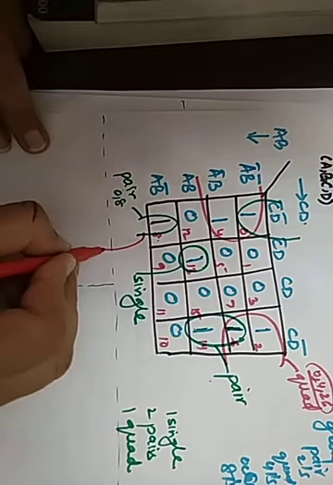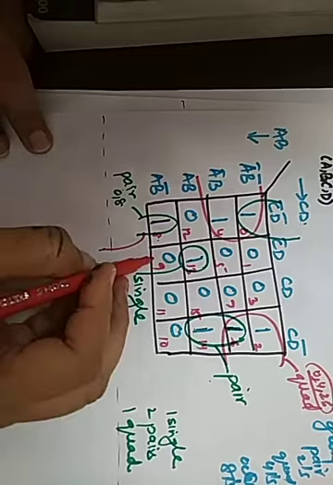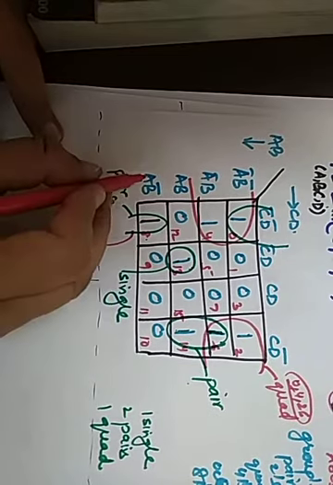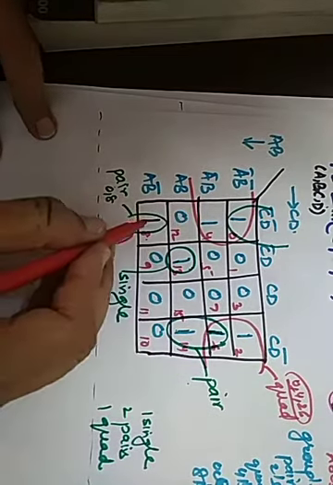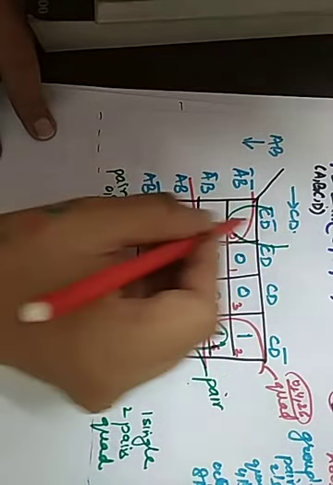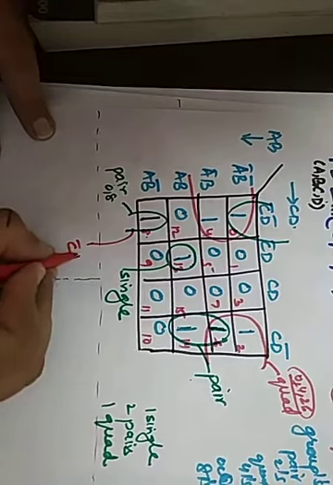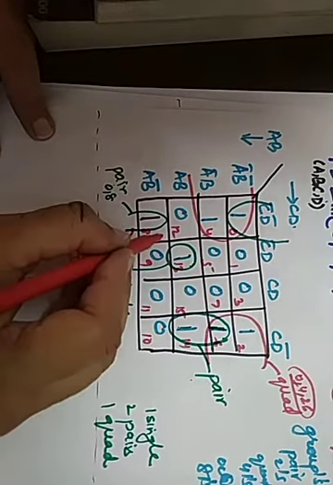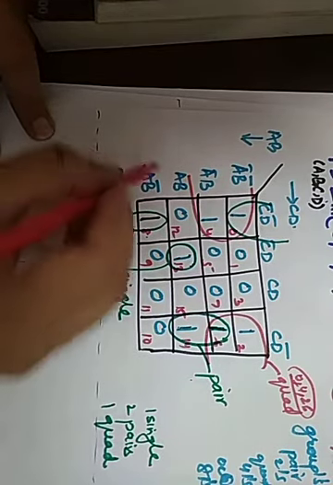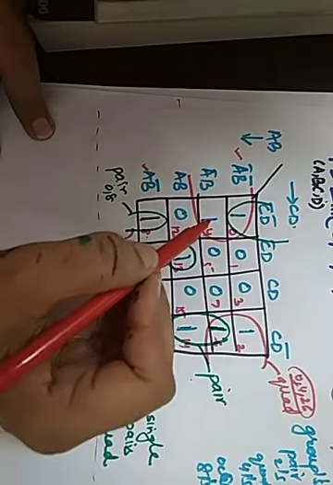Let's see the value of this pair. How do we find the value? We have to see the row and the column. For this pair, the column is C bar D bar, a single column. The rows are A B bar and A bar B bar.